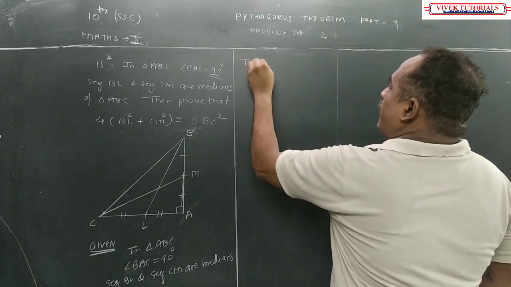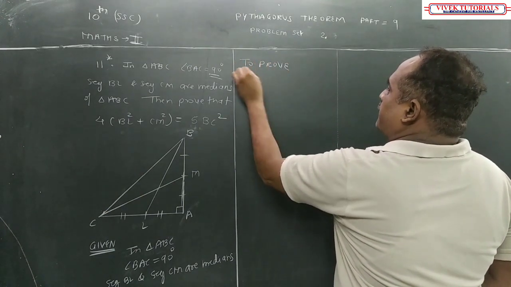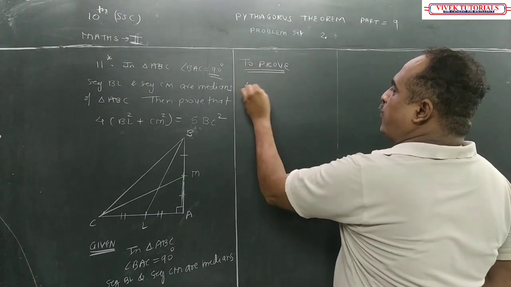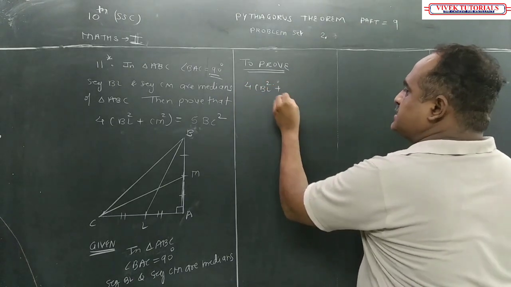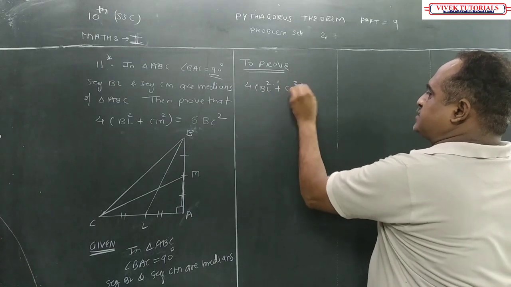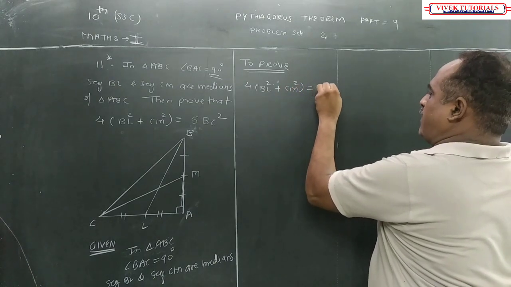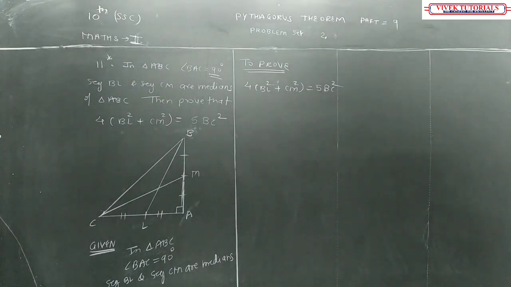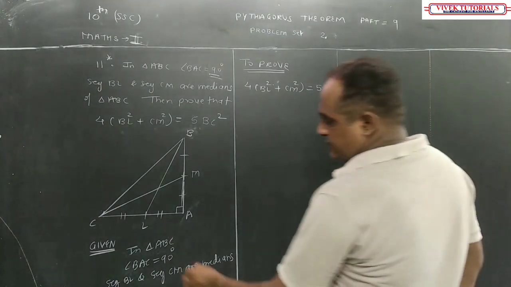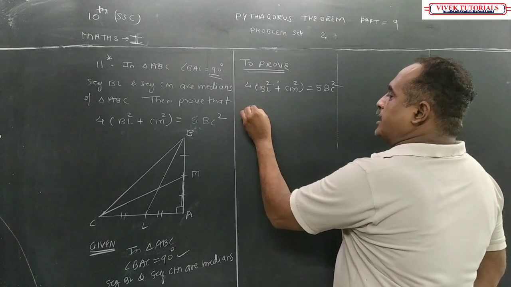What to prove? They are asked to prove that 4 in bracket BL square plus CM square is equal to 5 BC square. So, first of all, we will make use of this solution.